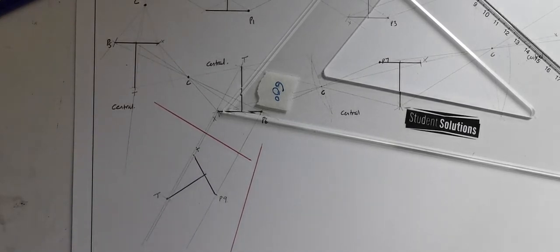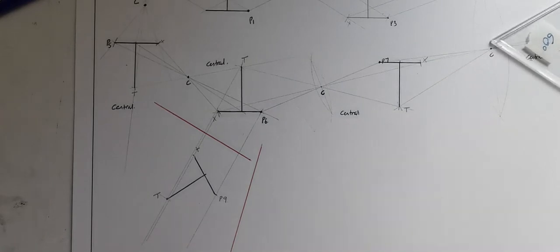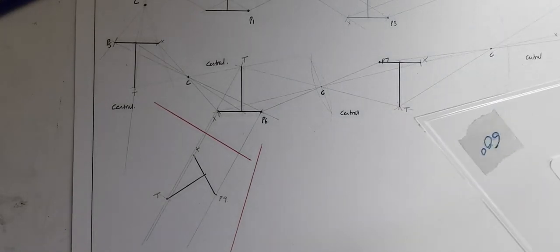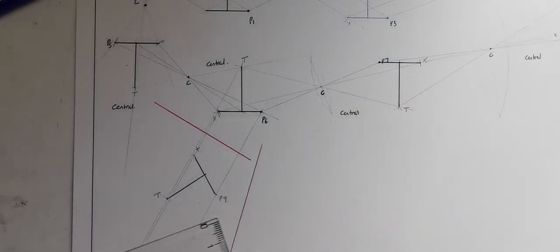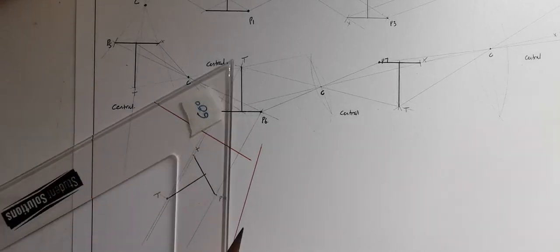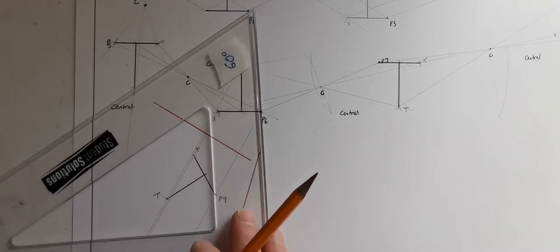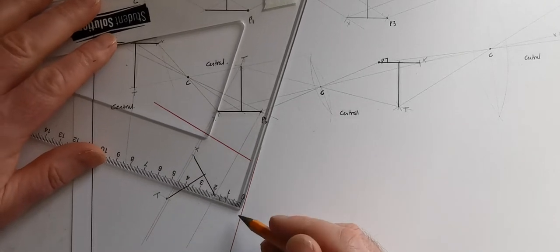So the first thing I need to do is, now there's a few ways I could do this, but I need to figure out 90 degrees. What's a 90 degree angle to the axis here?